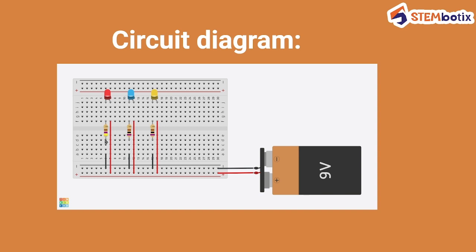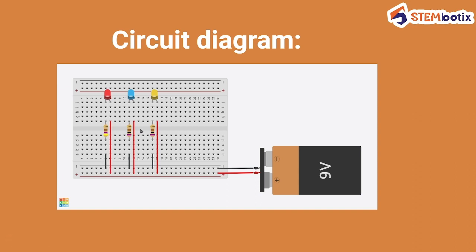Now, in this parallel connection, we connect the cathode of all three LEDs with the negative rail of the breadboard via a resistor. So, place three resistors. Place the first resistor at the cathode terminal of the red LED and the other terminal of that resistor with a black jumper wire.